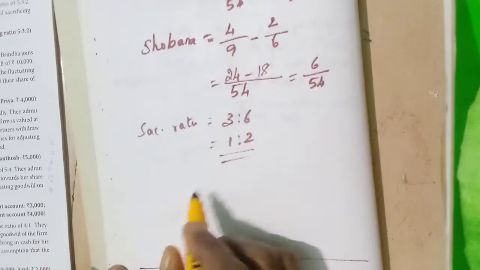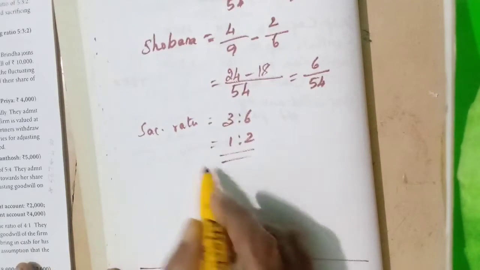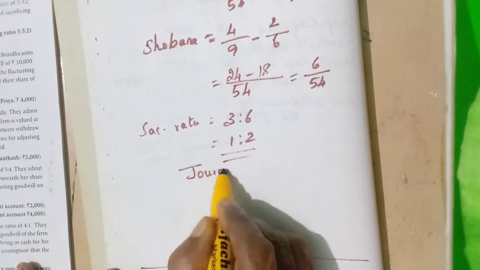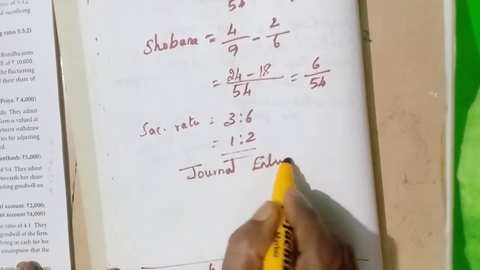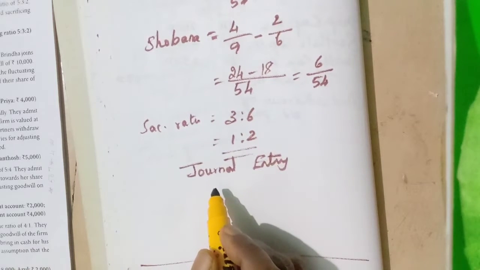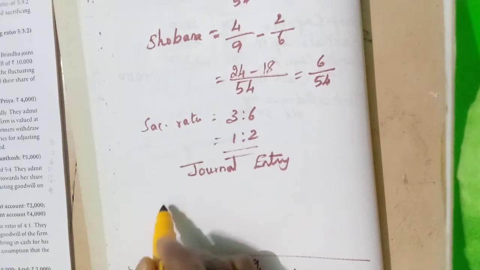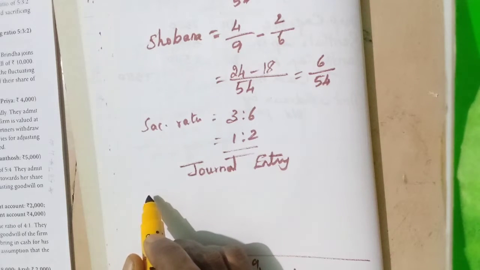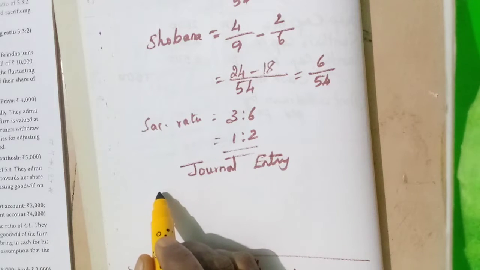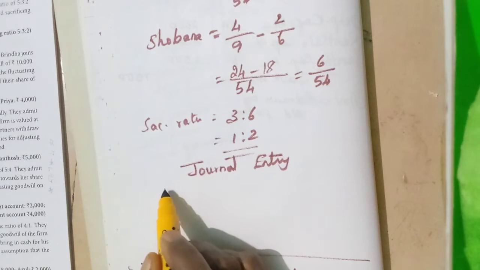In this ratio only, we have to prepare the journal entry. Isn't it? Journal entry. Okay, you have to write. Date is not given, isn't it? So, what is the entry? For adjusting the goodwill. He brings in cash. So, cash account or bank account also, because even if they bring cash, when we transfer that to the capital account, we will transfer it to the bank only, isn't it?